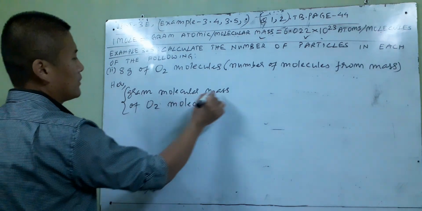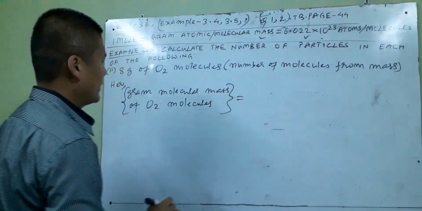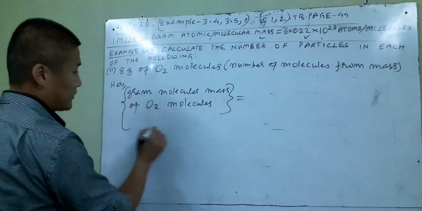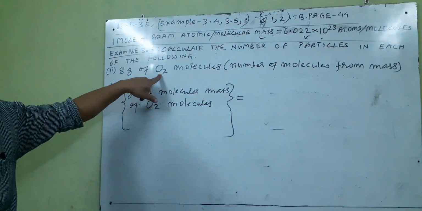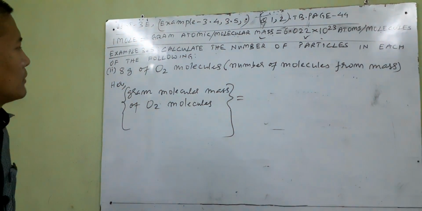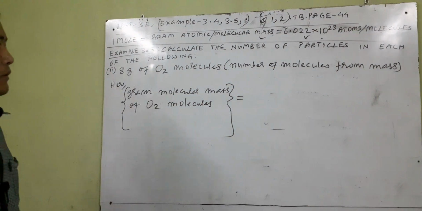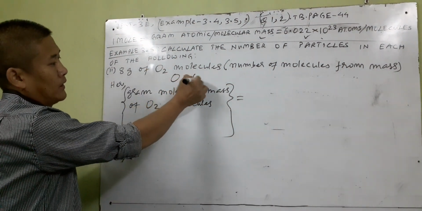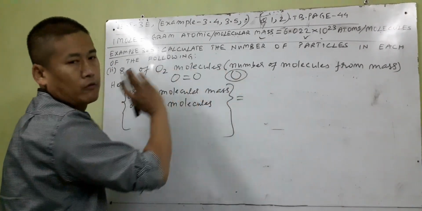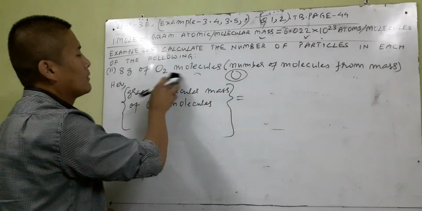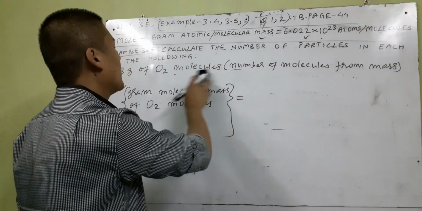Even if they didn't tell you it's a molecule, it's quite easy to sort out. Make it longer because you have to calculate that. Better to calculate right from here. Now, at the back of O, what is the number? Yes, 2. That means 2 means more than one atom, like this. So it's a molecule. If it is like this, it would have been an atom, only one, right? More than one atom, same type, different type, it's a molecule.